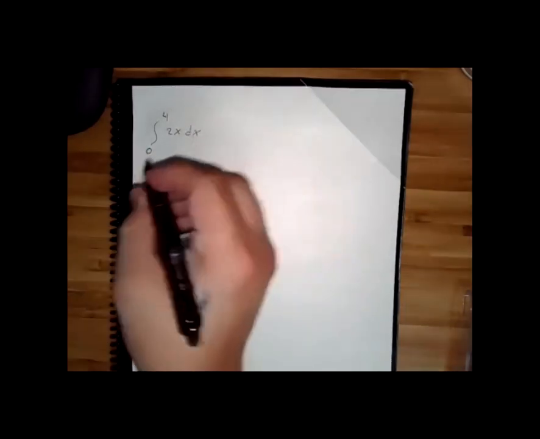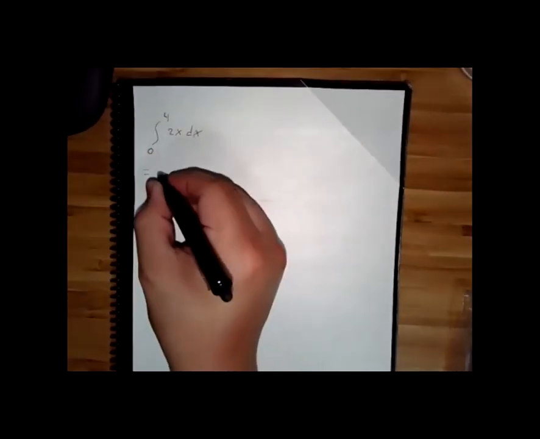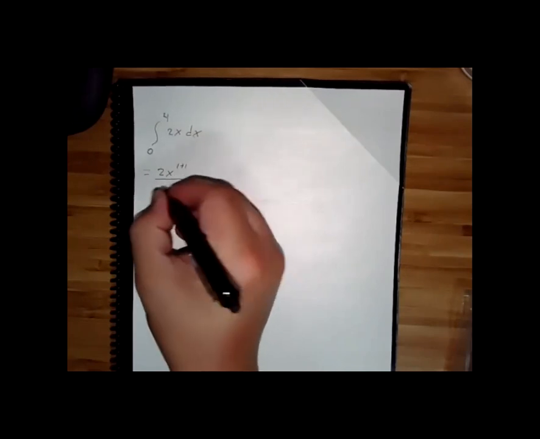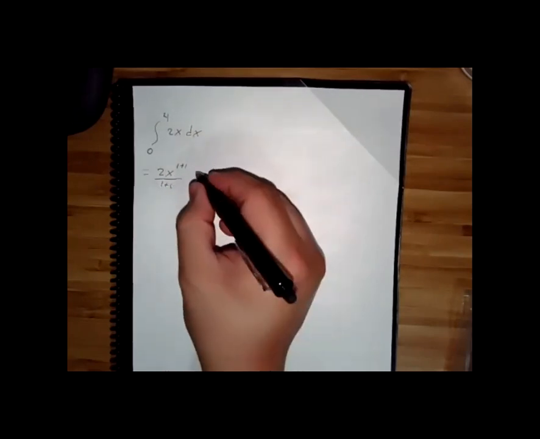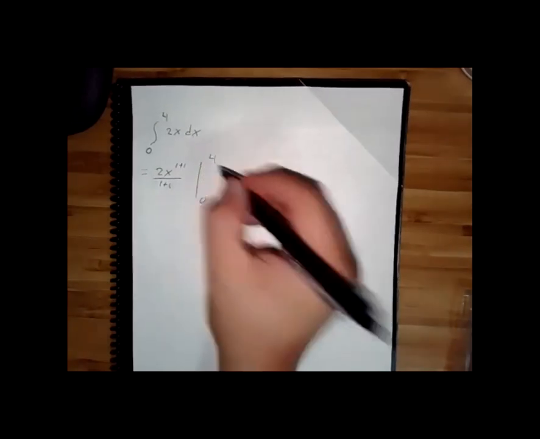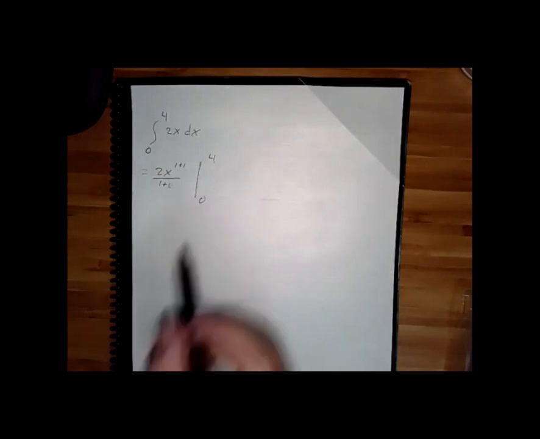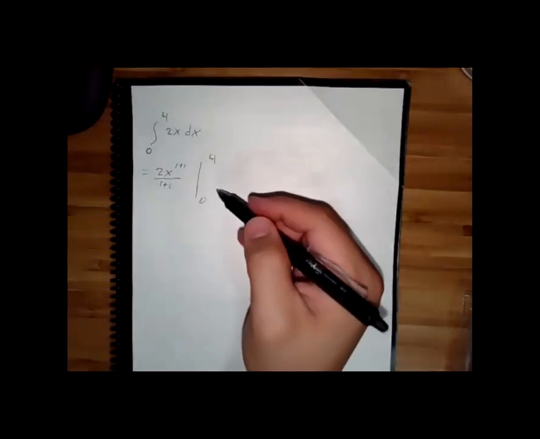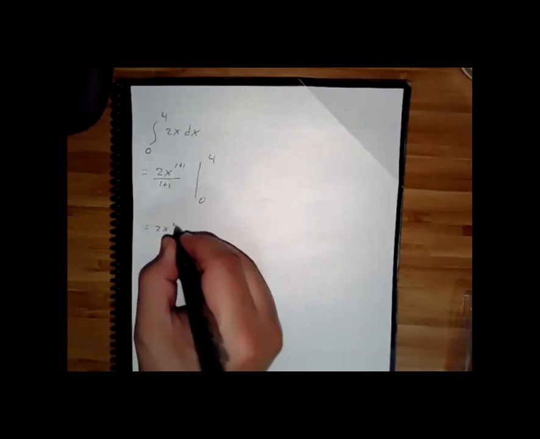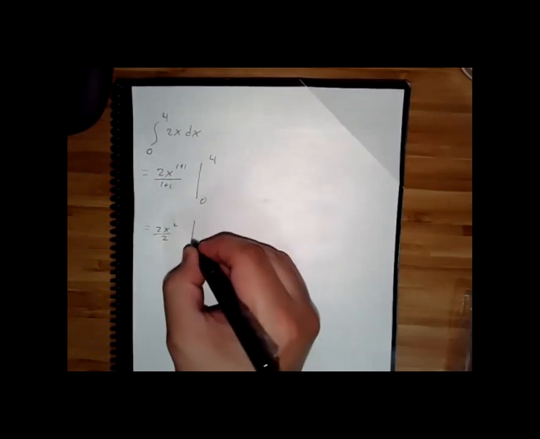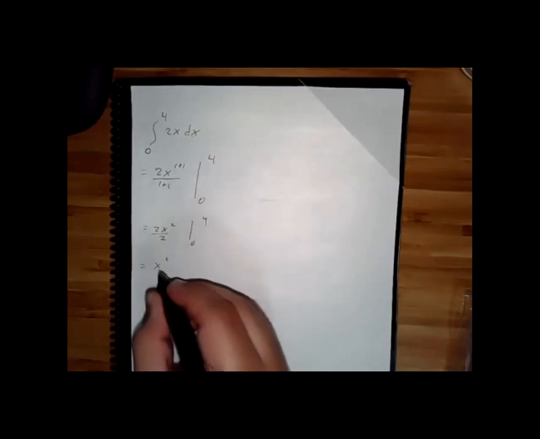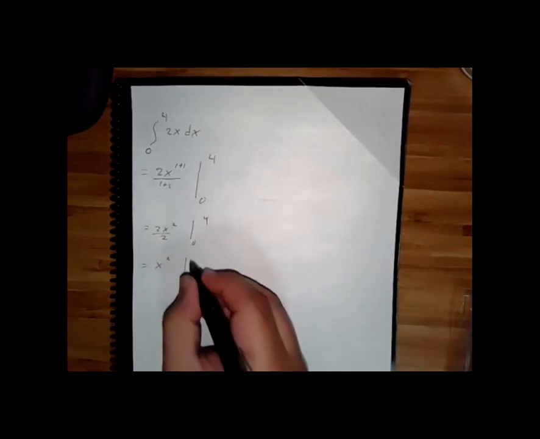The rule says add 1 to the power and divide by that result. But I'm not going to add the C because I have bounds to deal with. I'll write the bounds to the side because I'm going to use them in a second. So you get 2x squared over 2 from 0 to 4, which gives me x squared from 0 to 4.